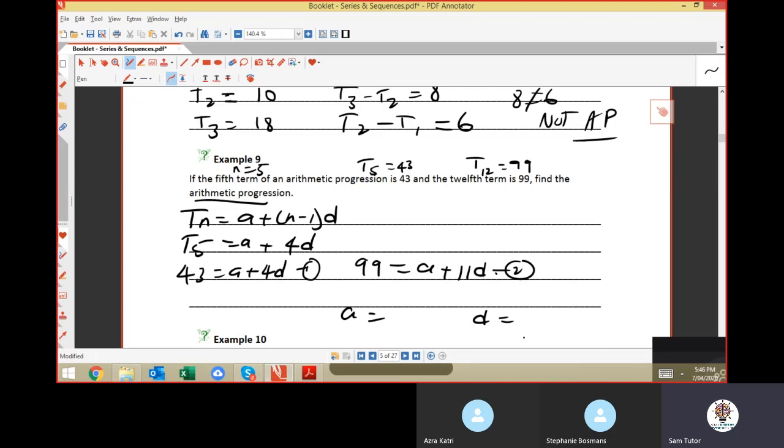Any questions? Steph, how'd you go? Are you stuck? No, I'm still working it out. Cool. Did you get your first equation as 2A plus 7D equals 31? Yep. And then 2A plus 15D equals 103? All right, cool. You should get it out then.